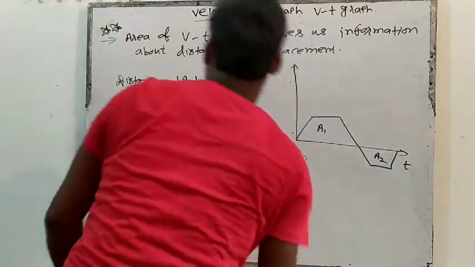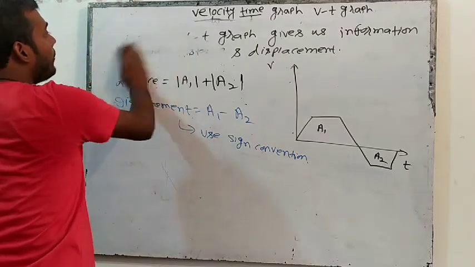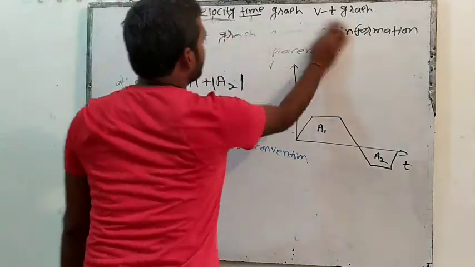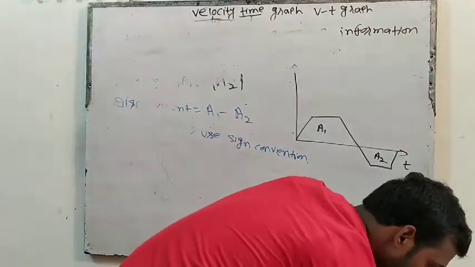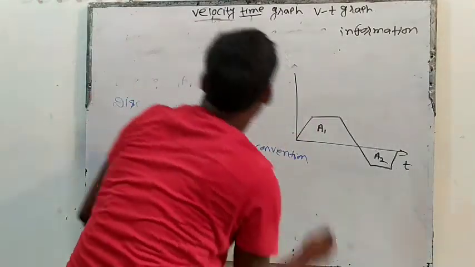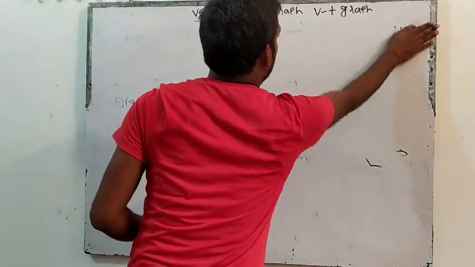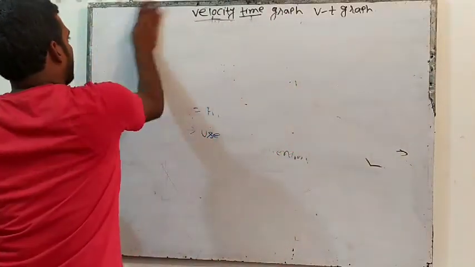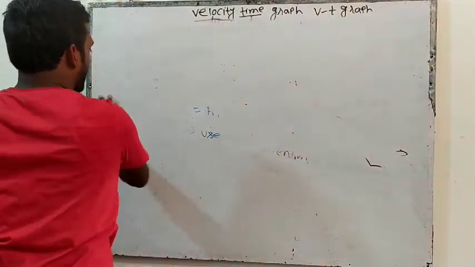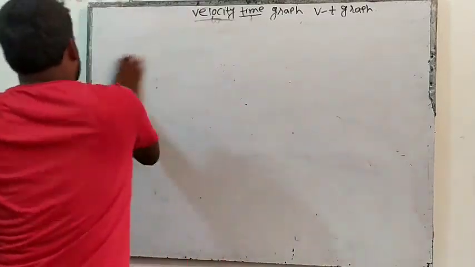So first write it. Area of velocity time graph gives us information about... okay, write a question.